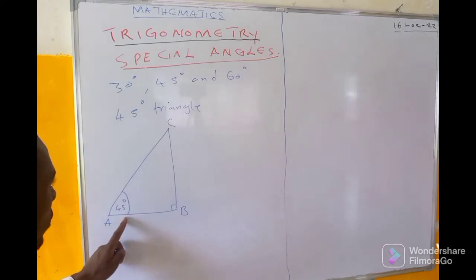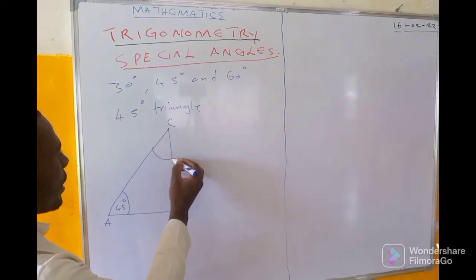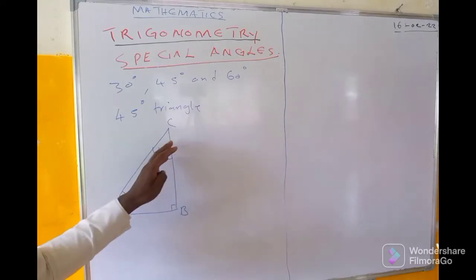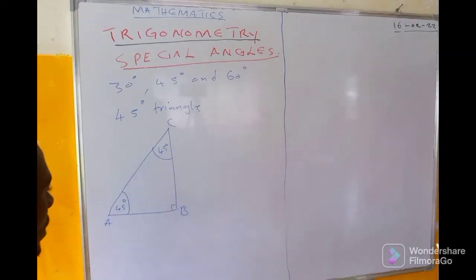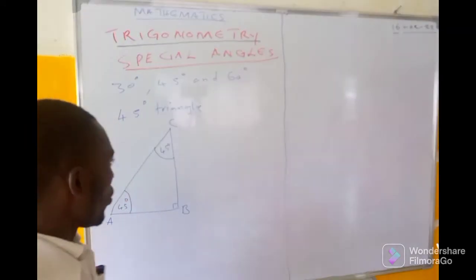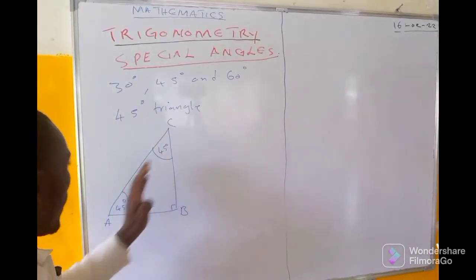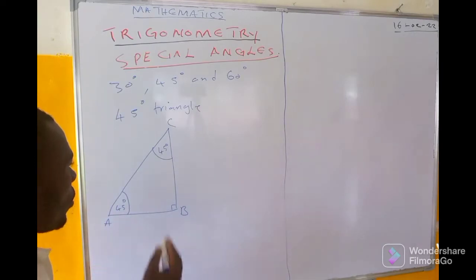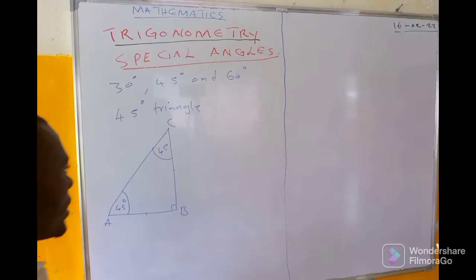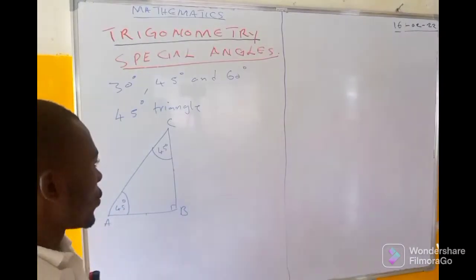So if this angle is 45 degrees, that means the other angle there should also be 45 degrees, so that when you add 45 plus 45 to give you 90, 90 plus 90 is 180, which is a complete triangle. If you have the same angles, that means these sides are the same. And what type of triangle is this? It is an isosceles triangle.